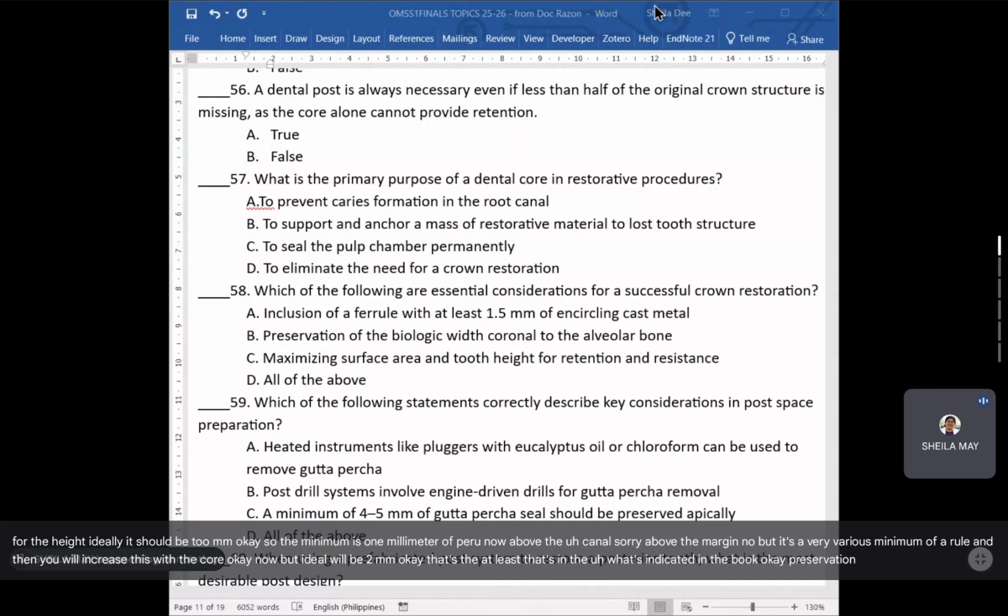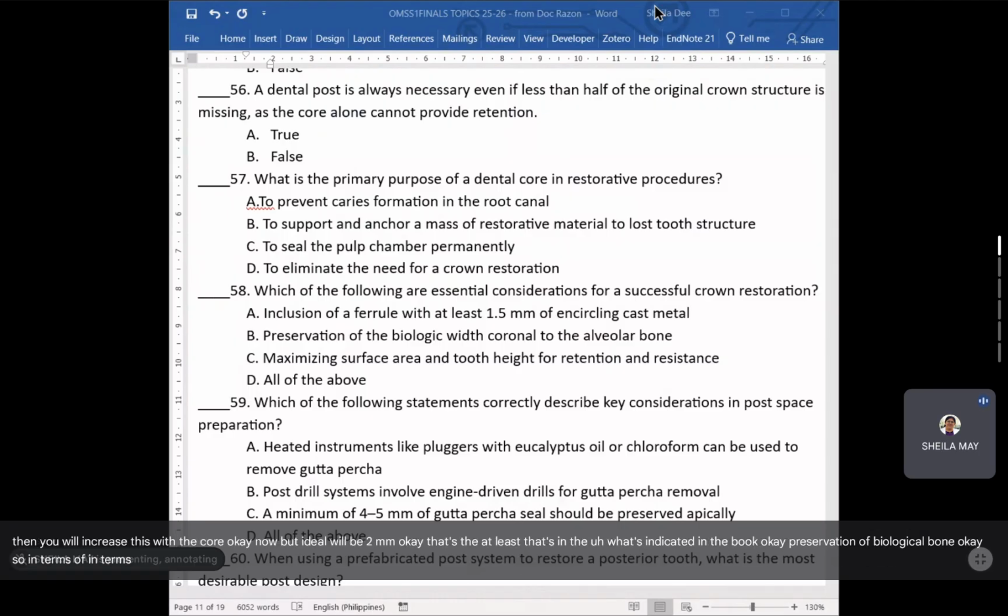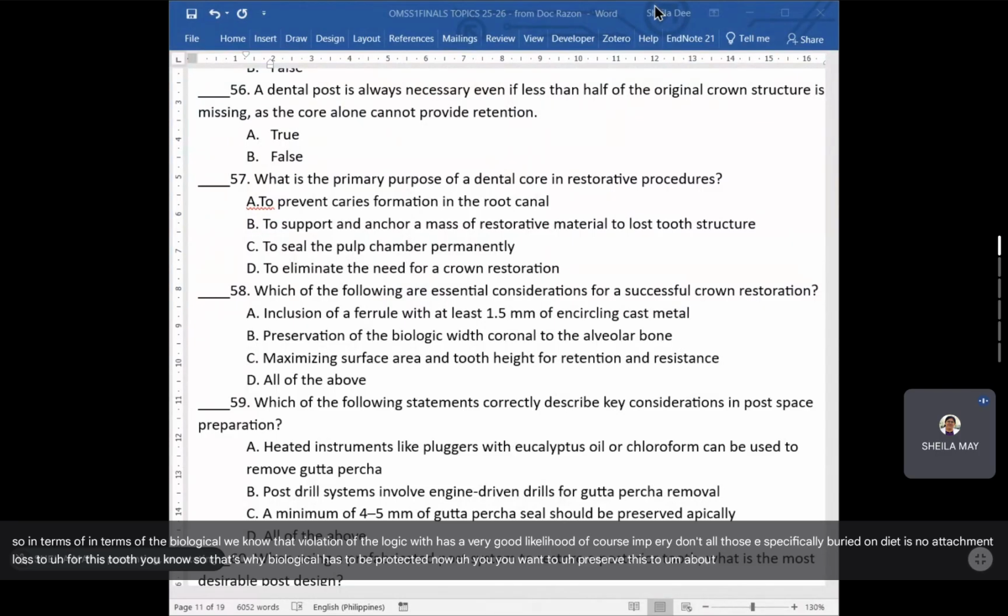Preservation of biologic width coronal to the alveolar bone. Okay, so in terms of the biologic width, we know that violation of the biologic width has a very good likelihood of causing periodontal disease, specifically periodontitis, or attachment loss for this tooth. So that's why the biologic width has to be protected. Now, you want to preserve about 2 mm of biologic width that's not violated.